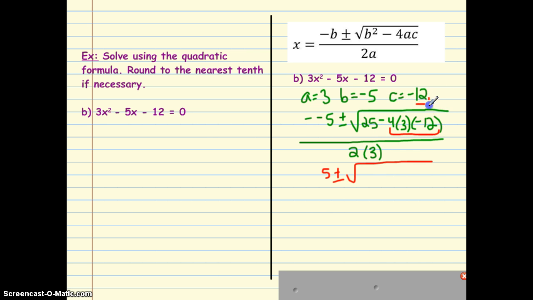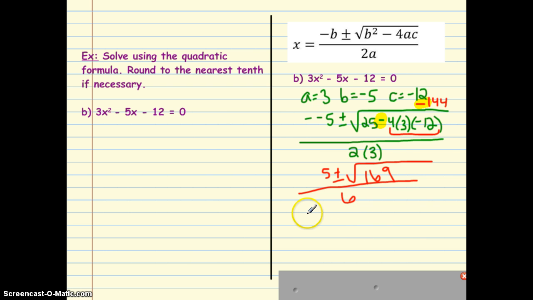This is negative 144, but since we have minus negative 144, we'll end up with a positive 169 under here, all over 6.